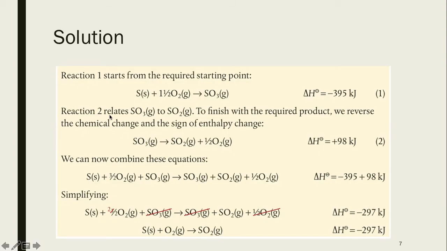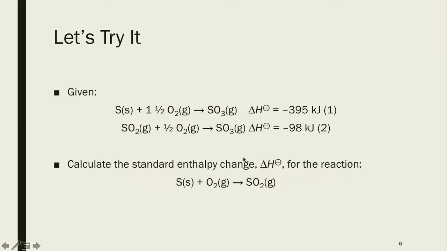Reaction 2 relates sulfur trioxide to sulfur dioxide. To finish with the required product, we reverse the chemical change and the sign of the enthalpy change. What this means is we're now comparing sulfur dioxide and sulfur trioxide.